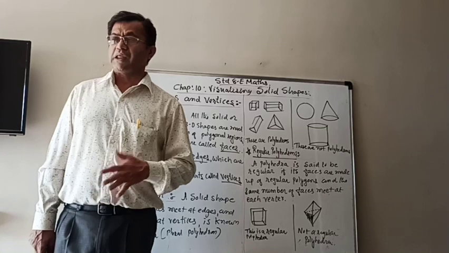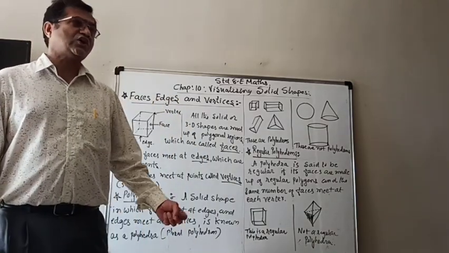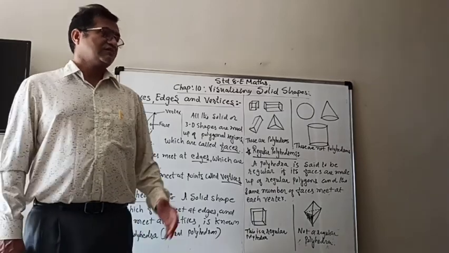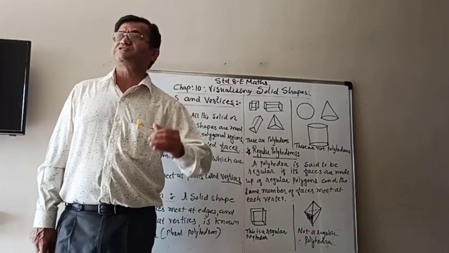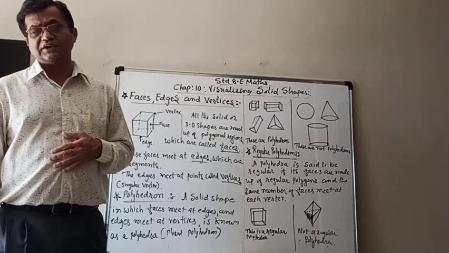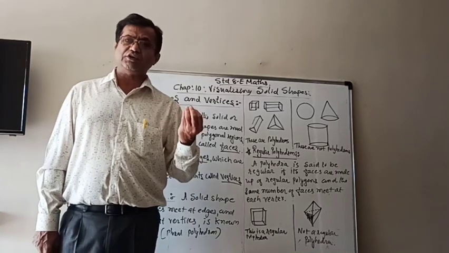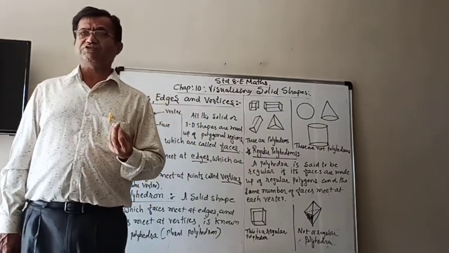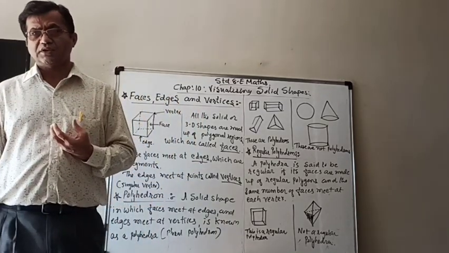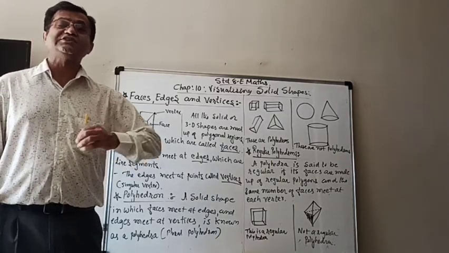But the 3D objects or the solid shapes, when we look at them from different perspectives, then they are different. We saw that front views, side views and top views of a single solid shape look different.